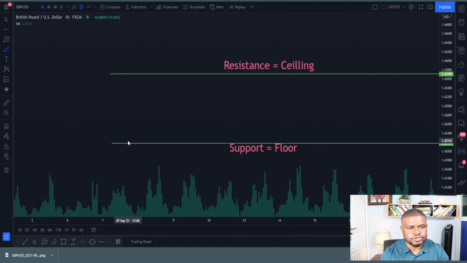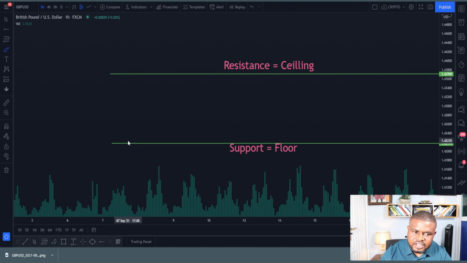The price action travels in a track, as I said earlier, and this track is the support and resistance, right? Think of it as a railway track, and the train needs the railway track to move from one destination to another.